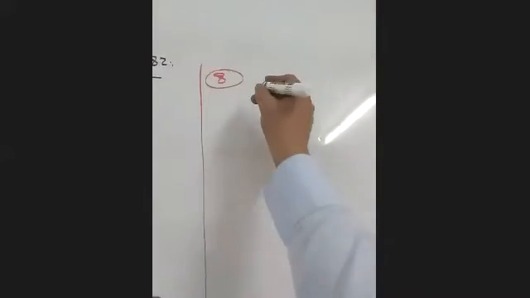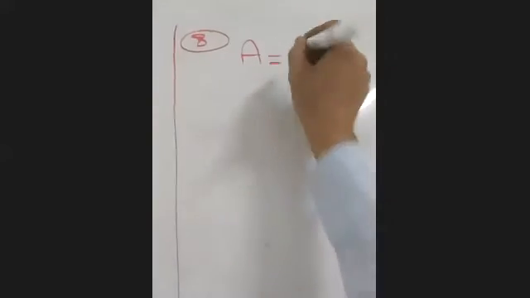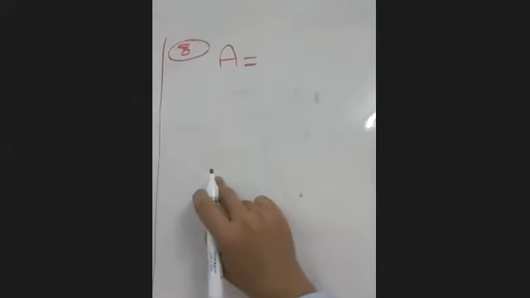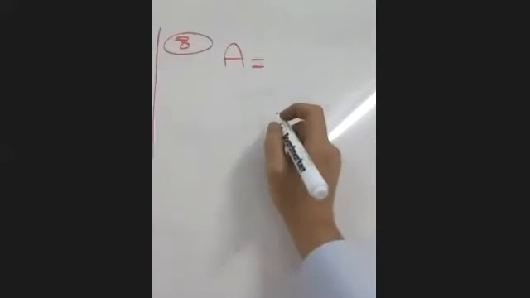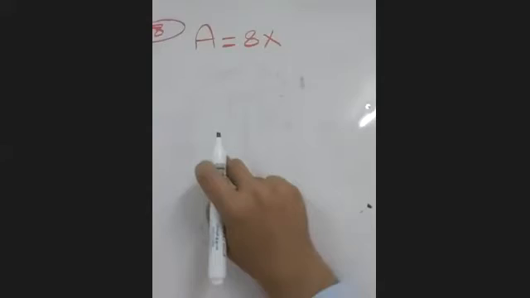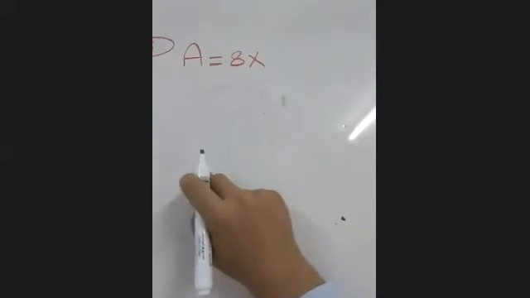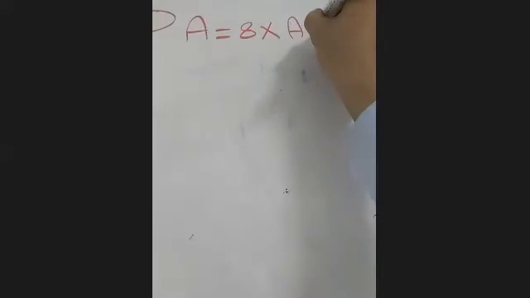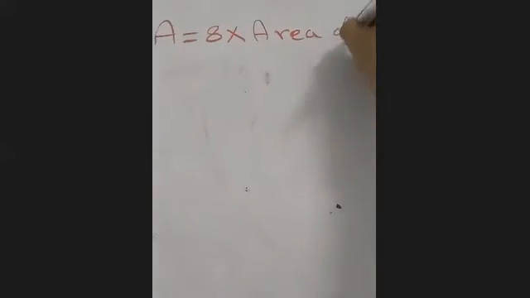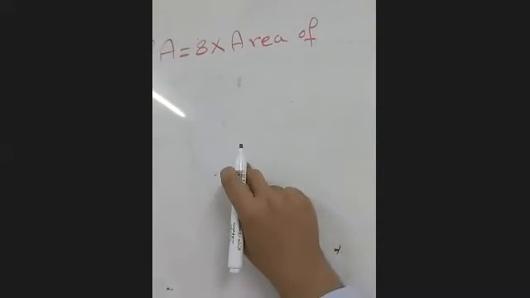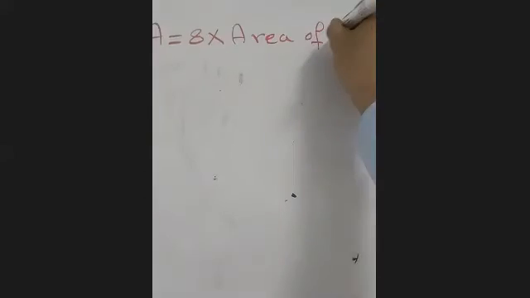But here, how many sides do we have for question 8? We have 8 sides. So A equals 8 multiplied by the area of a triangle.